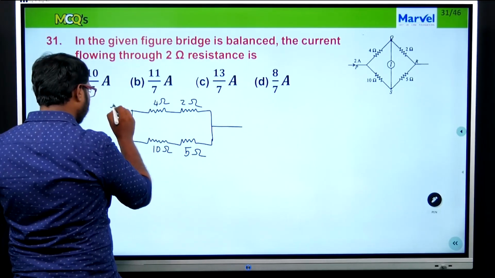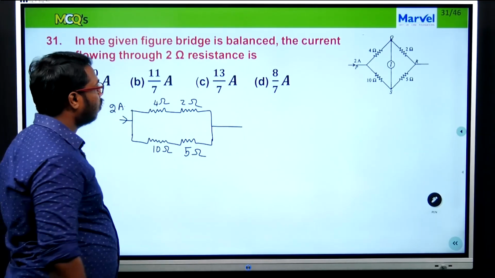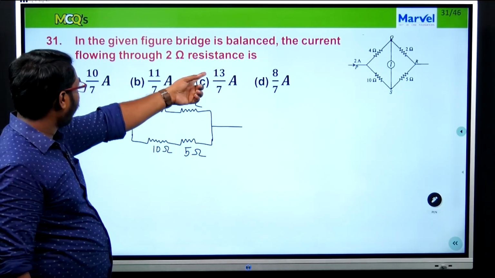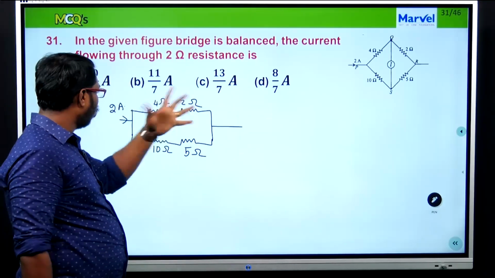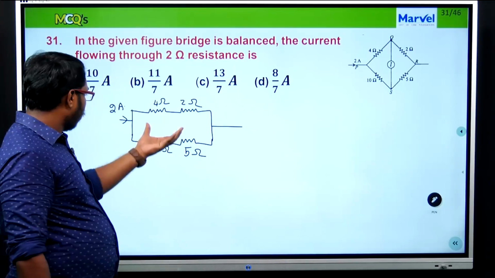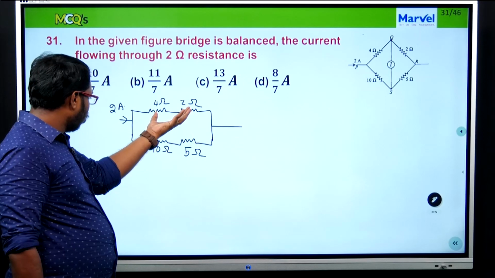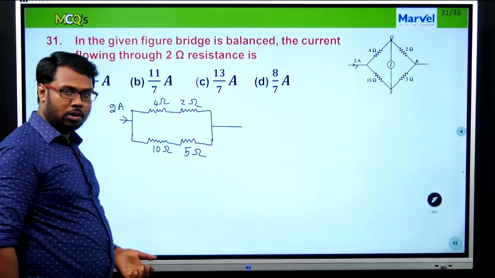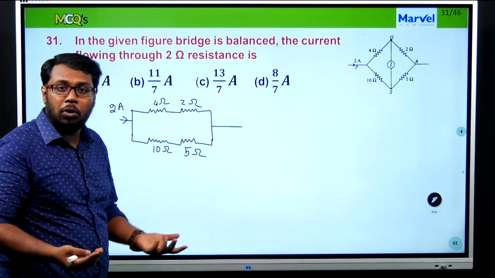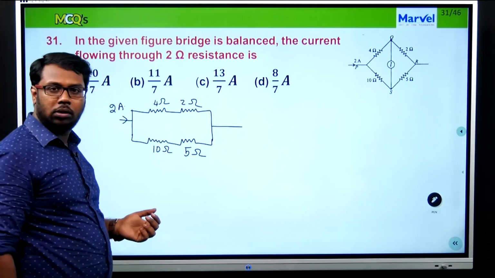2 amperes of current is flowing into the circuit, and you have to find the current that is flowing through the 2 ohm resistor. So now you see these two resistances are in series and these two resistances are in series. So the current flowing through the 2 ohm resistance will be equal to the current flowing through the 4 ohm resistance.